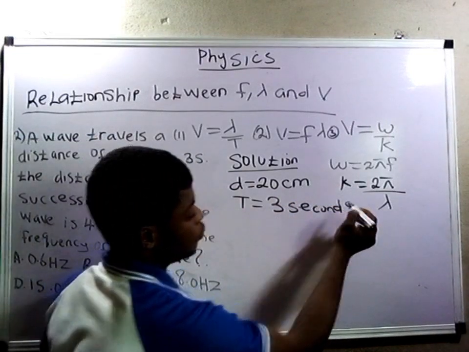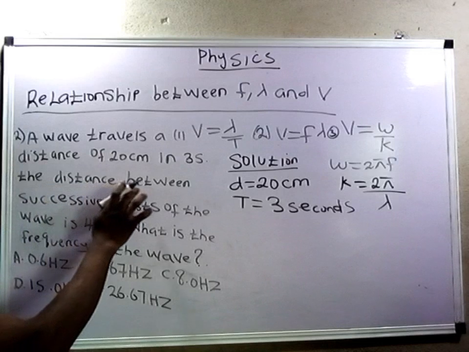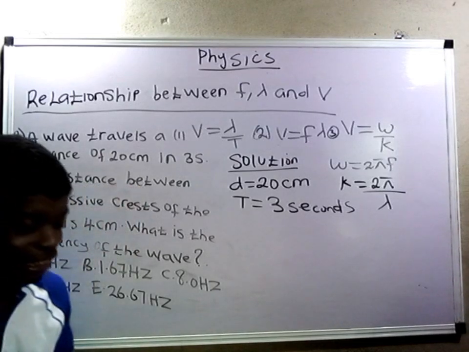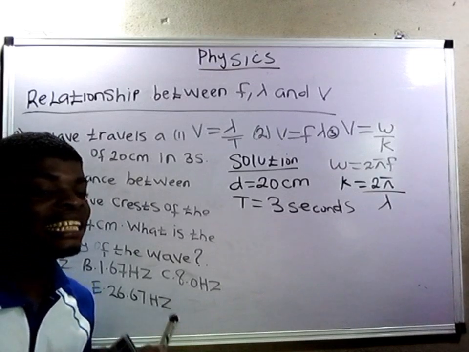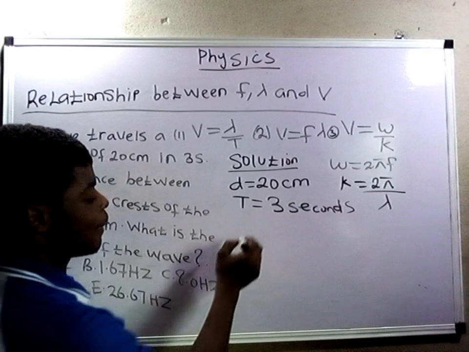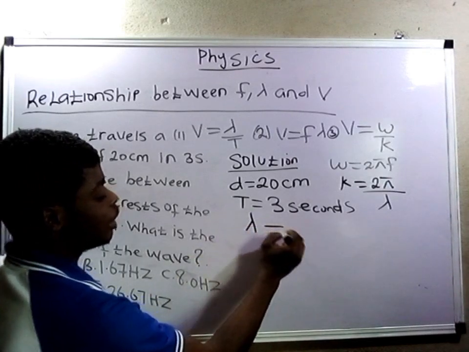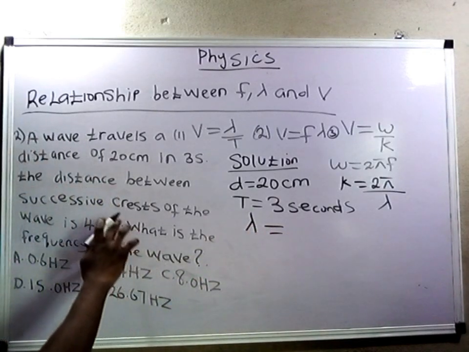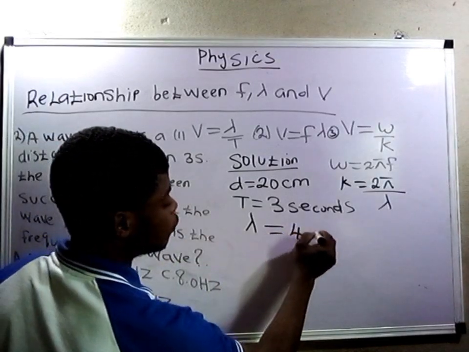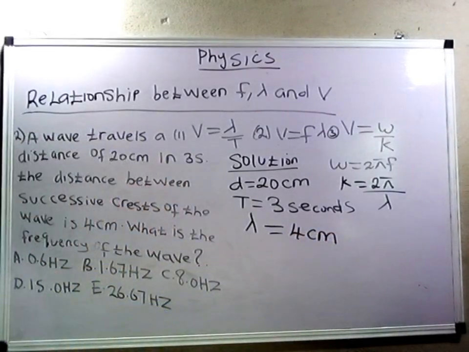The distance between successive crests of the wave is 4. When you hear the distance between two successive adjacent crests or troughs, it means your wavelength, which is lambda. Translate that: lambda is 4 centimeters. Okay? Moving on.